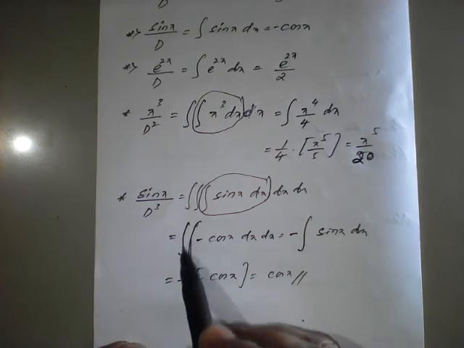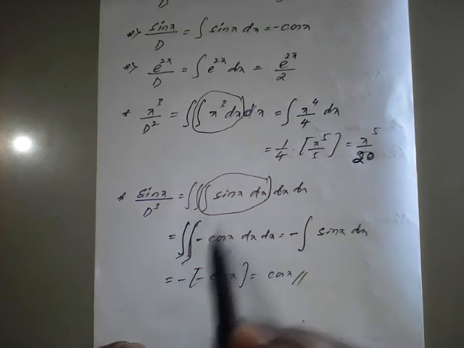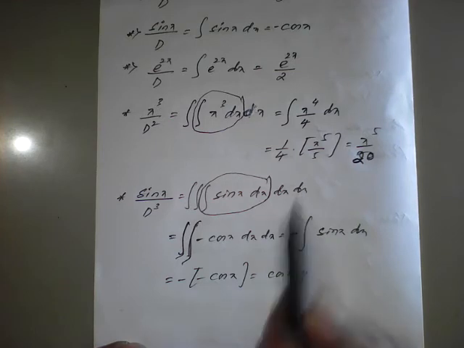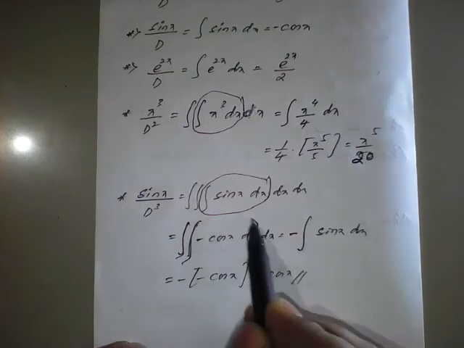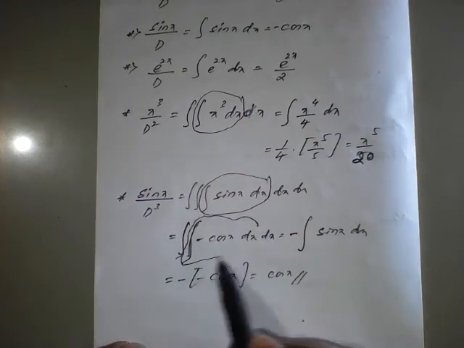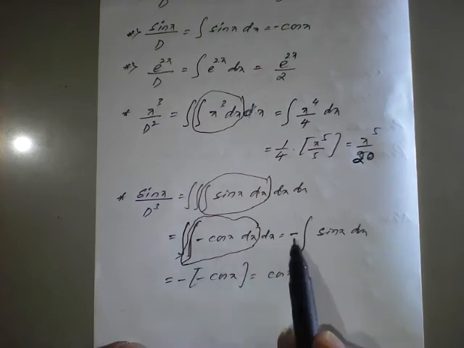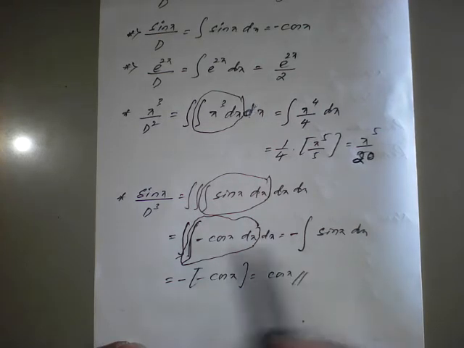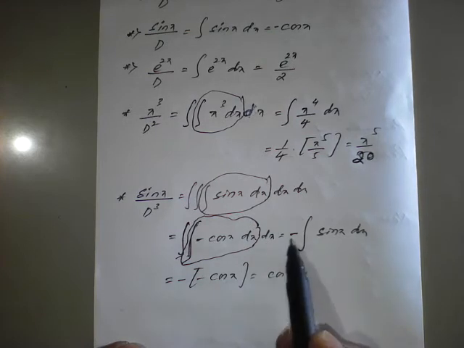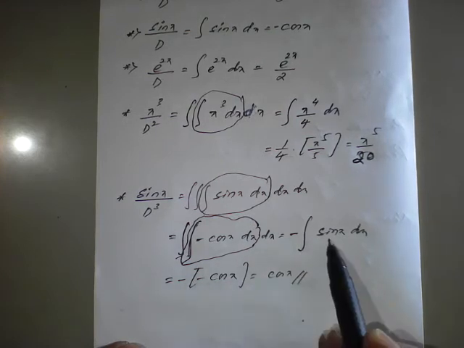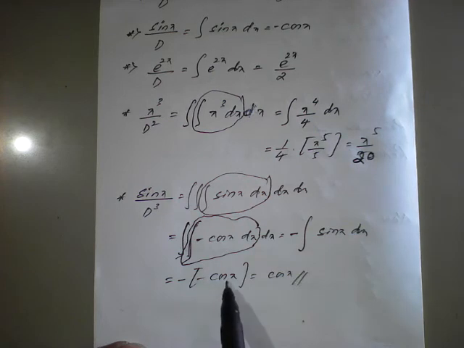Integration of sine is minus cos x, and 2 dx are left. Next again we integrate one more time, so minus will keep outside. Integration of cos is sin x, with 1 dx and 1 integration left. Again minus is outside, and one more time integration of sine is minus cos x, so this minus and this minus become plus.